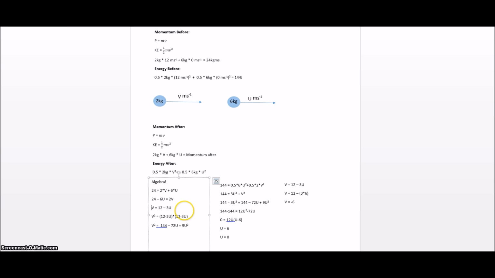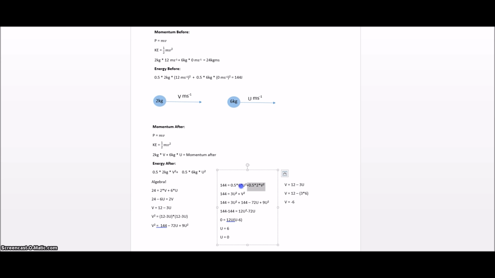We can divide through by 2 and say that v equals 12 minus 3u. Now, we want to plug something from this into the energy part, where there's a v squared. So I'm going to look for a v squared.